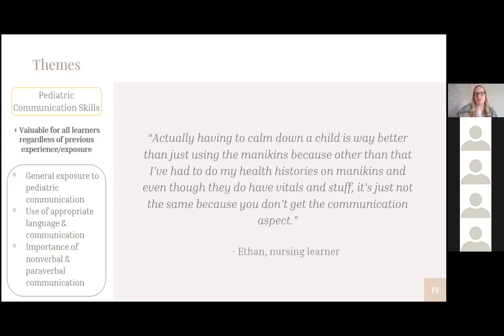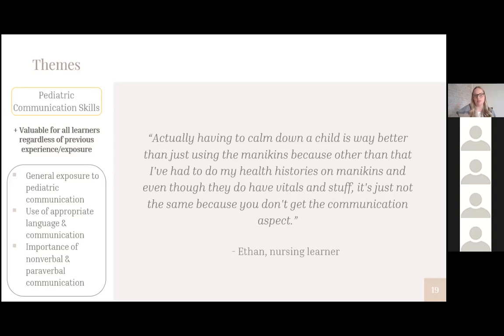And Ethan identified that they felt using the mannequins was helpful. They did add it was helpful for certain aspects that you obviously wouldn't want to put a child through, but working with pediatric simulated patients, and how they put it was a real child, is better than using the mannequins because they were able to get that communication aspect, which they weren't able to get with the mannequins.